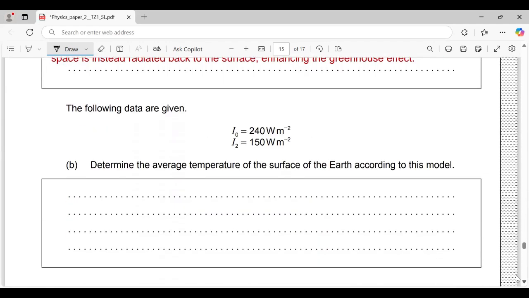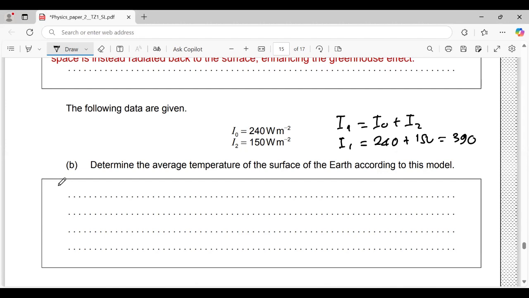Next, the following data are given. I0 is 240, I2 is 150, as I wrote, and I1 equals I0 plus I2 based on the diagram. Determine the average temperature of the surface of the Earth according to this model. I1 equals 240 plus 150, which is 390.